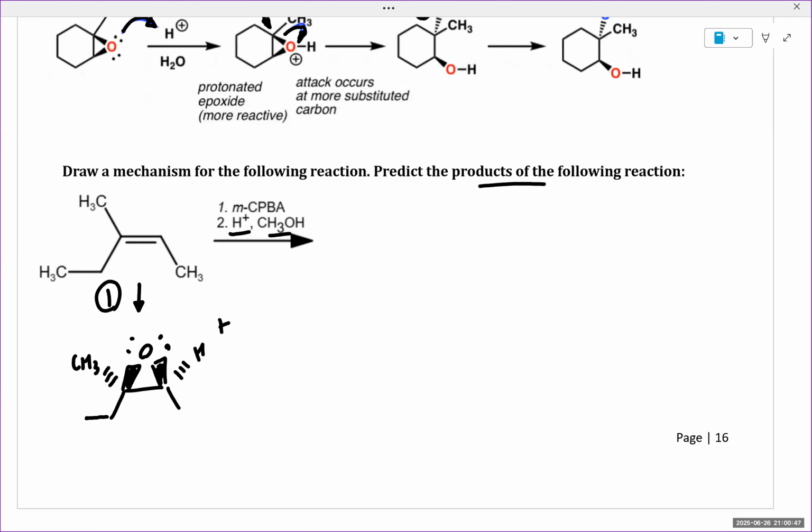Okay, so first and foremost, we're going to protonate our epoxide. This activates the epoxide and ensures that we're under the acid-catalyzed regio control and stereo control model.